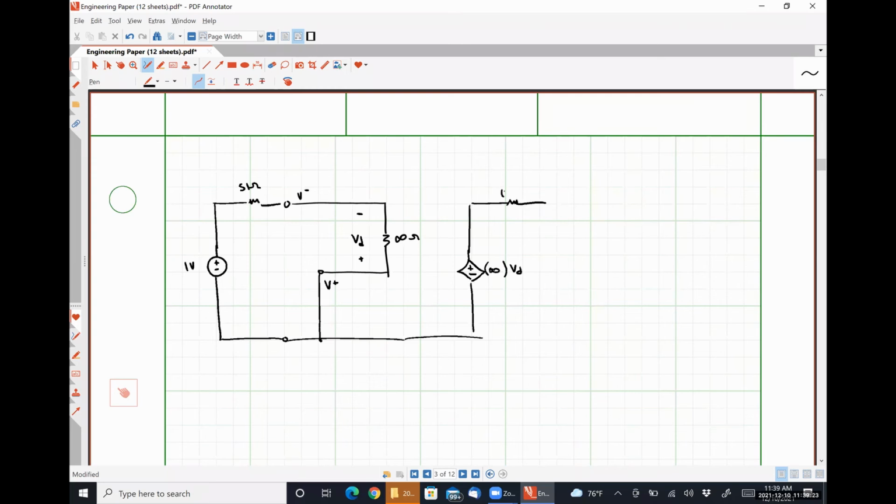We have a 0 ohm resistor or short circuit right there. Here's our output voltage, V out. Ground. Here is our feedback resistor of 10 kilo ohms. Okay.